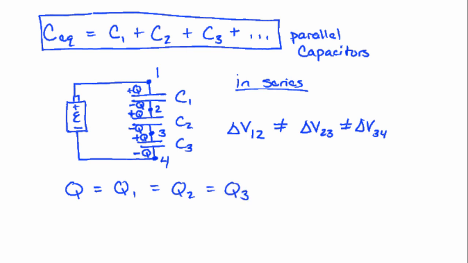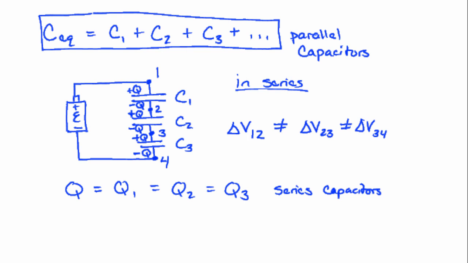Whereas when we were talking about capacitors in parallel, they all had the same potential difference, capacitors in series all have the same charge. That means that the potential difference across each capacitor has to be different, and in fact it's going to end up adding to the EMF of the battery.